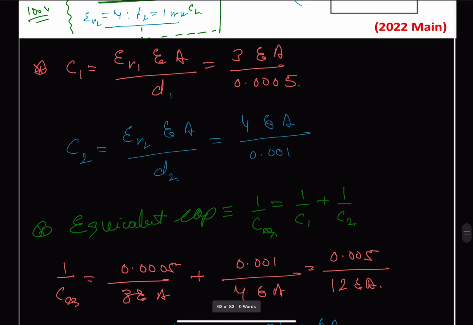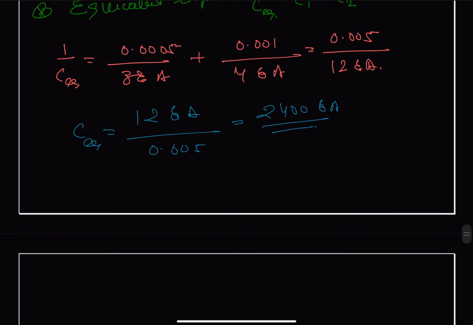So therefore we can say the charge on the system, that is Q, is equal to C equivalent multiplied by the supply voltage, that is the battery voltage V, given as 100.